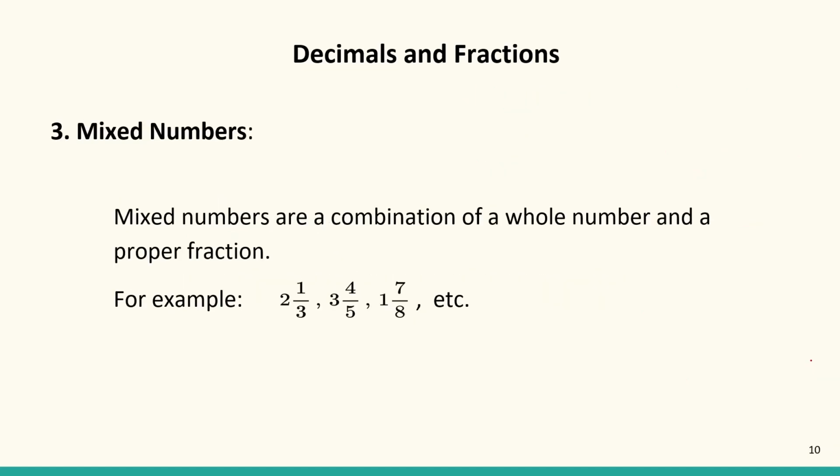So let's see the third type of fraction. These are called mixed numbers. Mixed numbers are a combination of a whole number and a proper fraction. For example, you can see here that we have a whole number. We have a numerator, a fraction bar, and a denominator.